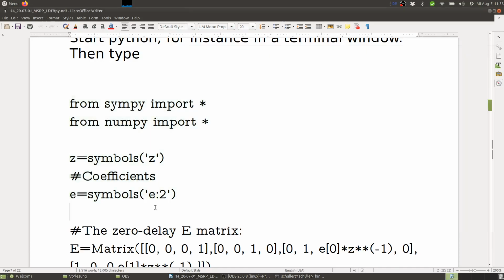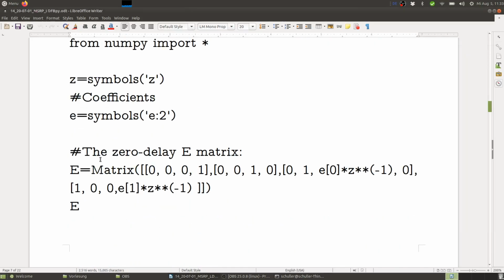Next we can construct our zero delay E matrix. Here's my E matrix. So you can see the ones, they make up the anti-diagonal, and then you can see here the lower half of the diagonal has those entries E times z to the minus 1. So here are the two coefficients, which for now are unknowns.